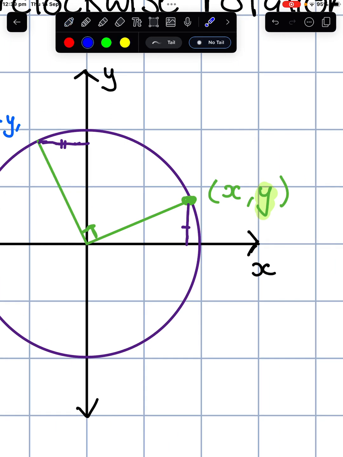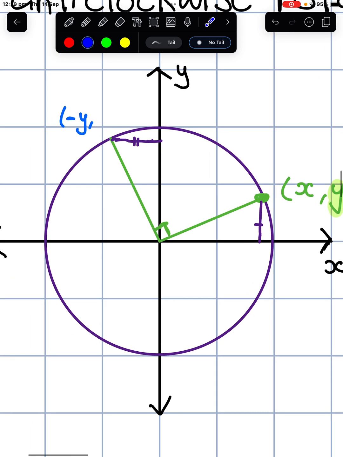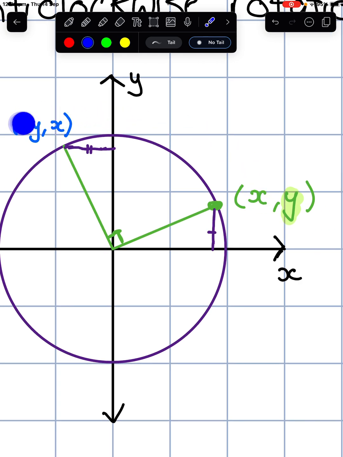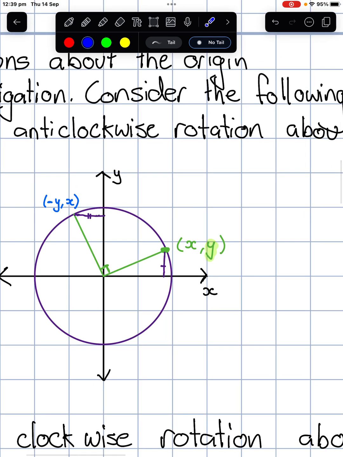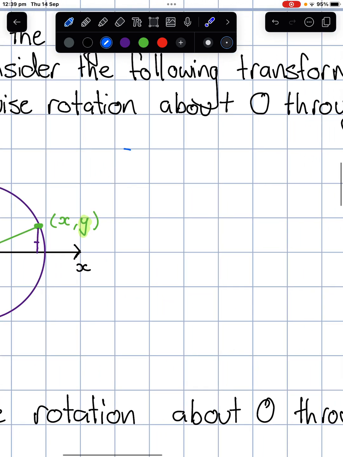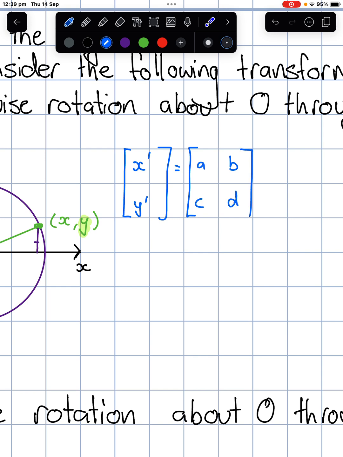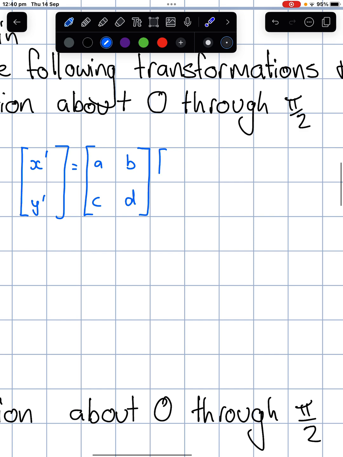Then this length along here, which is what our x coordinate is here, is actually what our y coordinate is going to be here. So whatever x value we had there becomes the y value here. If we consider this transformation, we've got x dash y dash equals x y times a, b, c, d, with our input values x and y.